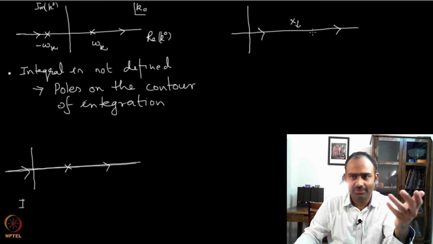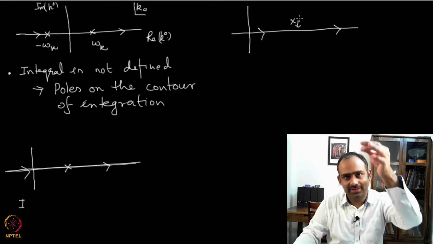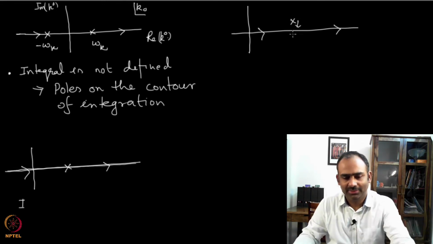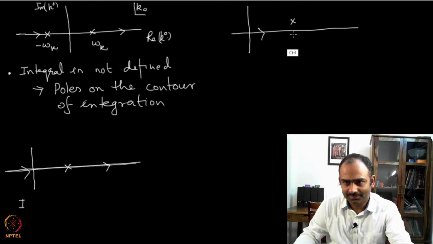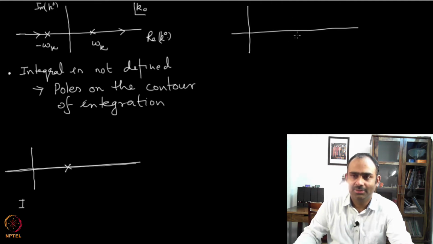Or equivalently, instead of taking the pole off and bringing it to the axis, we can indent the contour. We let the pole be there, and we change the integration contour.